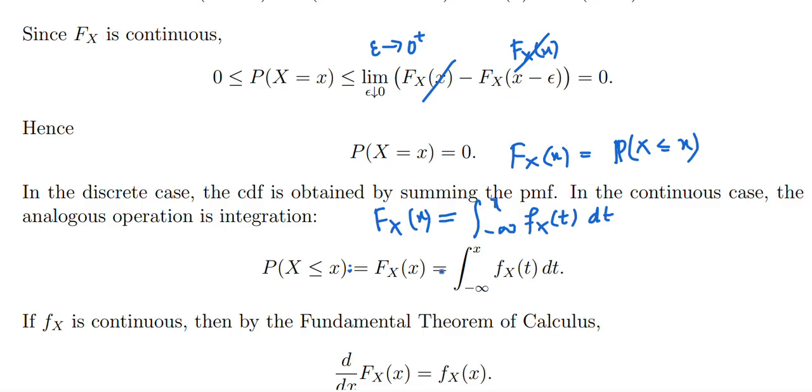Is this an equation or identity? For sure, this is an identity, but that's true for all x. So, summing, yeah, this is actually the definition of a continuous random variable. So this is actually a definition.